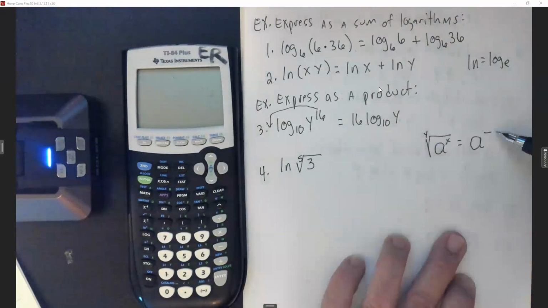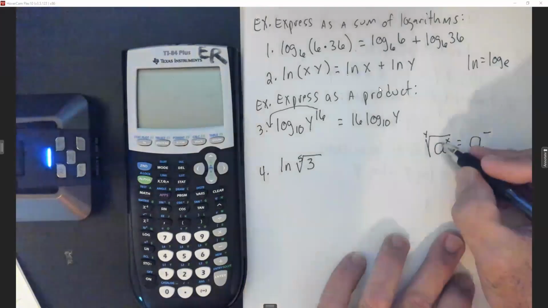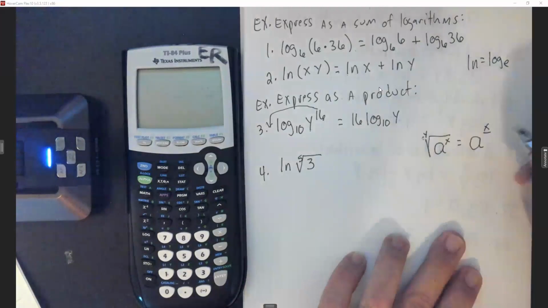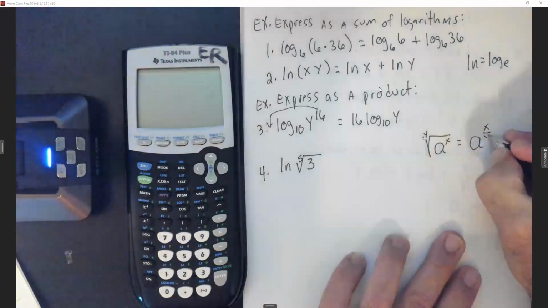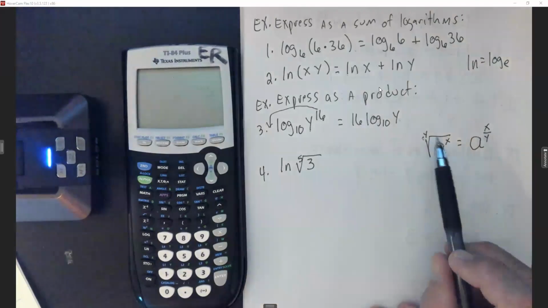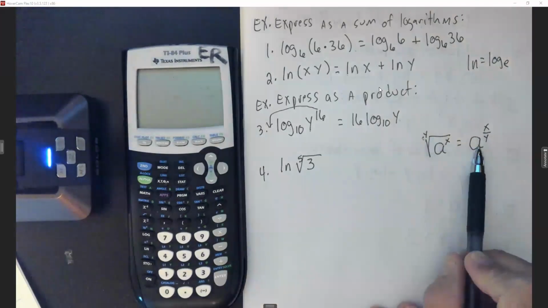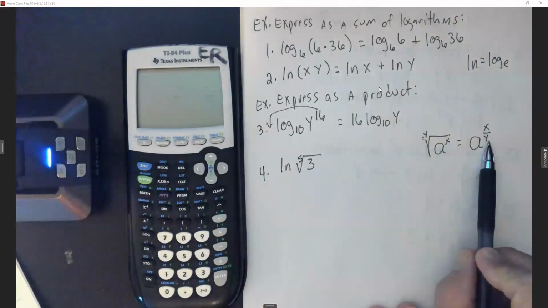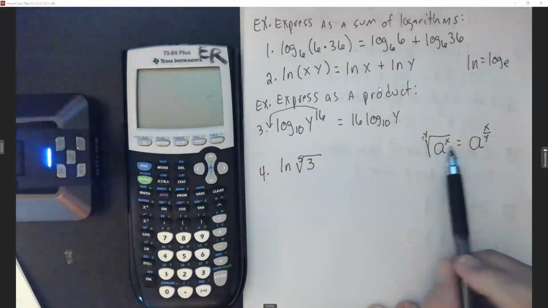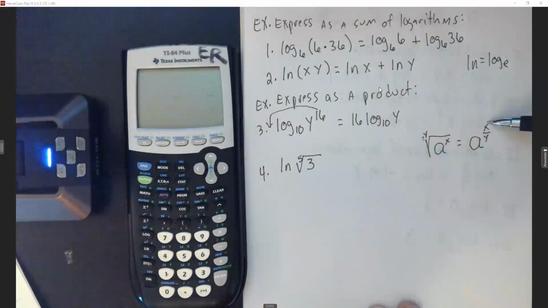And it's always the exponent of x over the root of the radical, which is y. So to rewrite something from a radical to a fractional exponent, just remember that the root of the radical is the bottom number on the fraction. Now, if the a didn't have an exponent by it, you would automatically make that top a 1, okay?